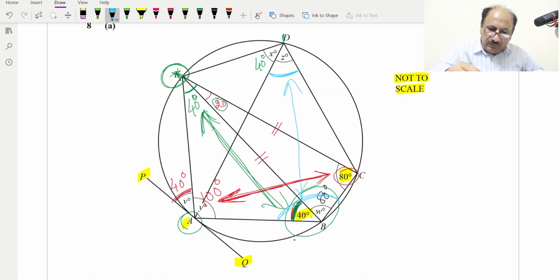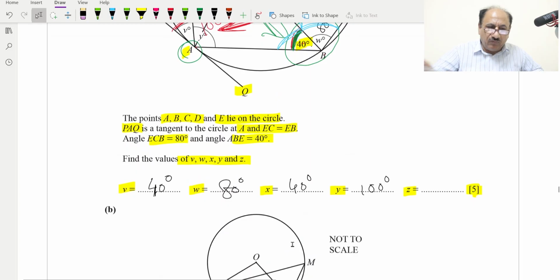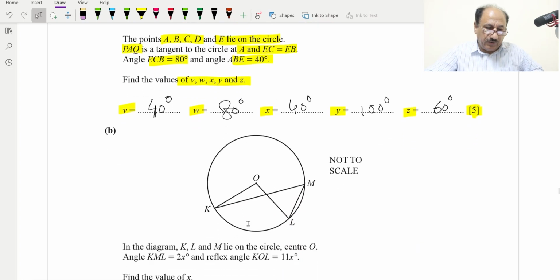So this side is 120, so this will be 60 degrees, so Z will be 60 degrees. So finally we got everything. All required angles we have calculated.